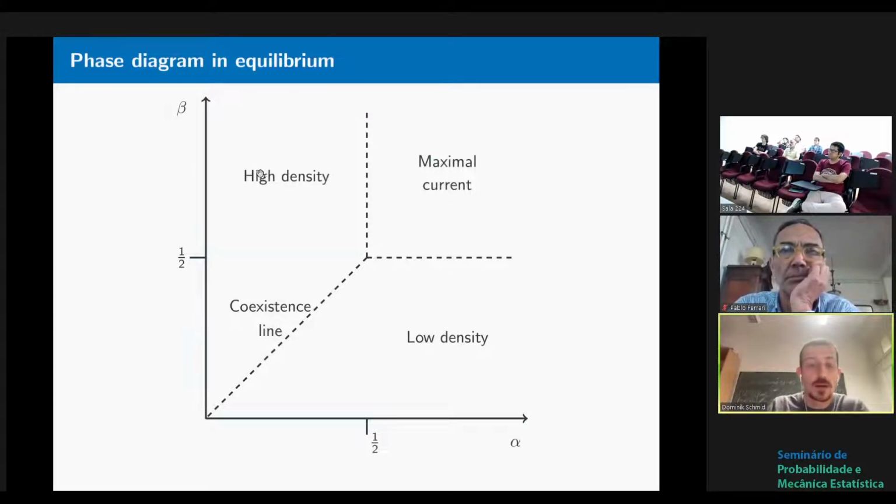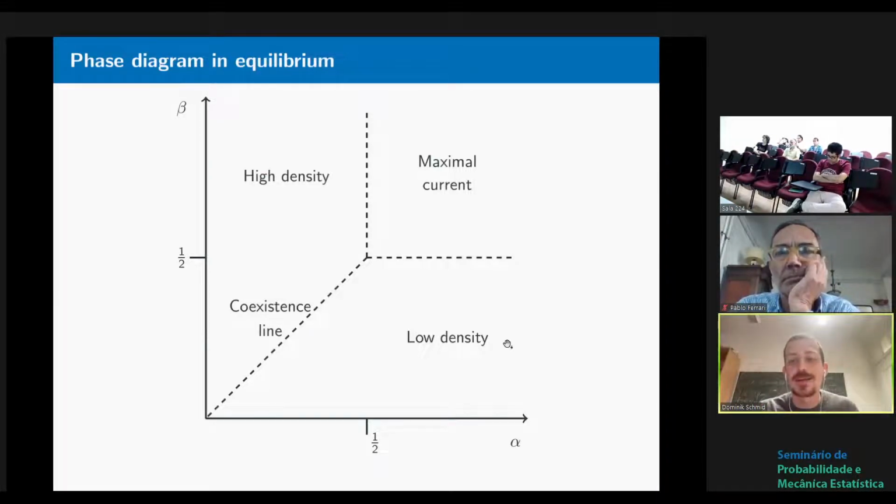So there's a regime where you see a high density. Intuitively, this means that at the right-hand side boundary, the particles cannot really exit the process. And in this case, you somehow create a traffic jam within the segment.